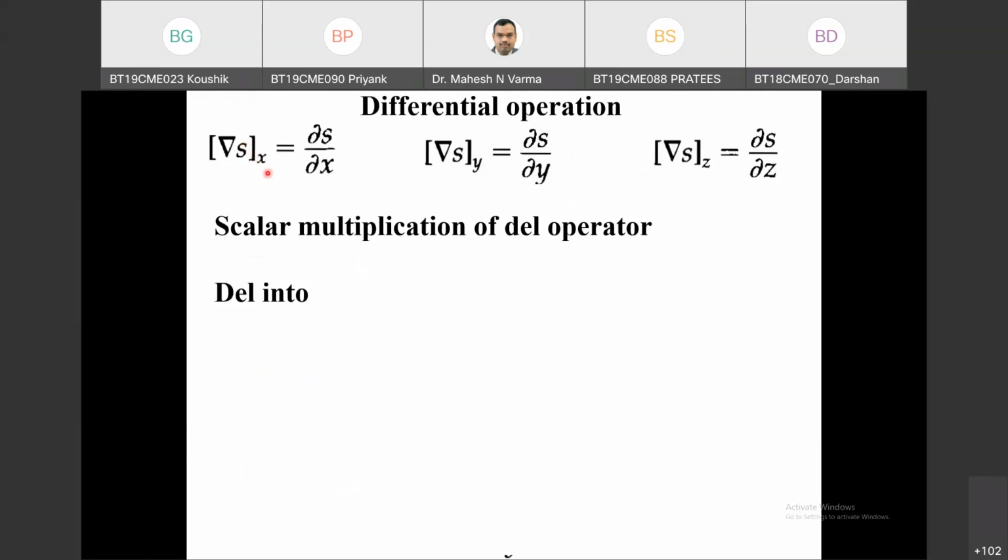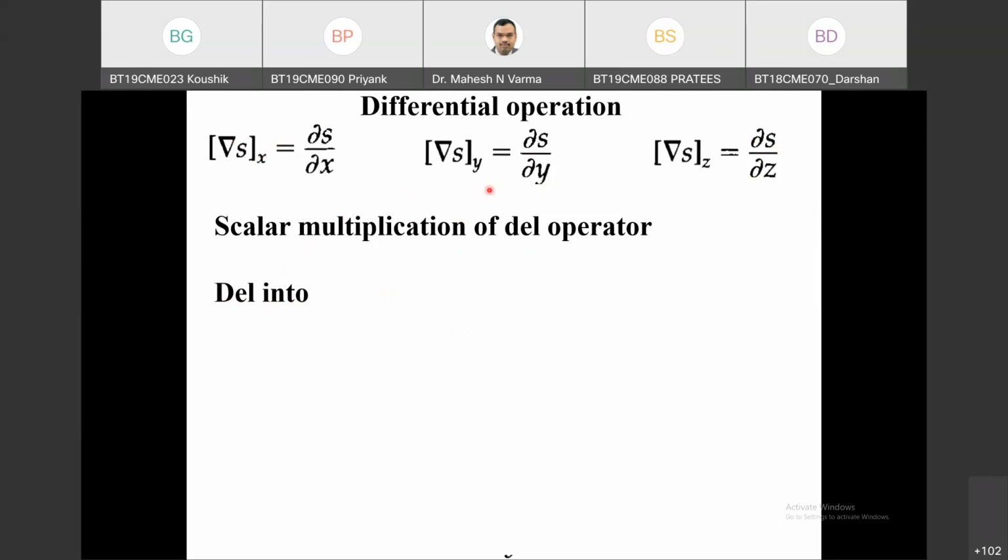Similarly, if there is a scalar, a scalar will not have any direction. So this will be del s by del x plus del s by del y plus del s by del z, and this is called the scalar multiplication of the del operator, called del into scalar.